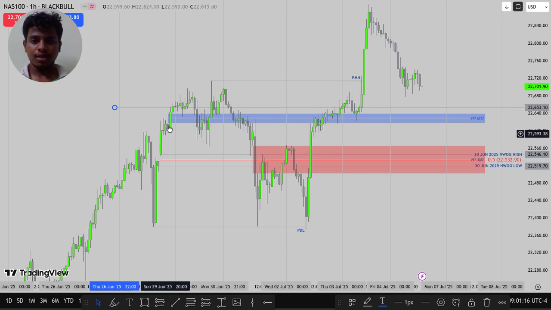Asian session, and I anticipated market going to sell from here, but yes, after market broke this H1 BC, you can see how this market body closed in 50% of this H1 BC low, 50%.